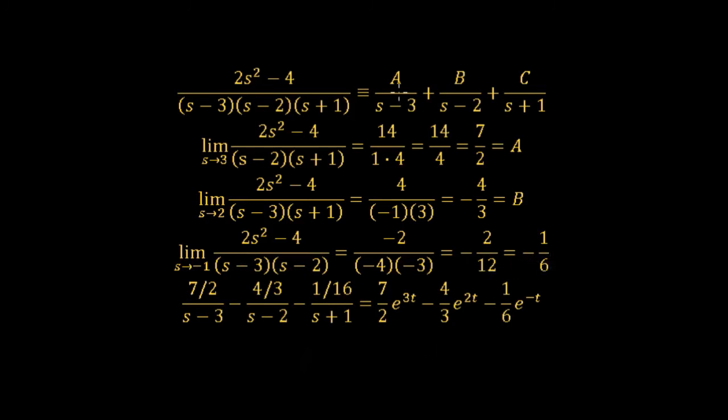So therefore we can put the a, b and c values in and we get 7 upon 2 all upon s minus 3, minus 4 upon 3 all upon s minus 2, minus 1 upon 6 all upon s plus 1. So the inverse Laplace transform of that is 7 upon 2 e to the 3t, minus 4 upon 3 e to the 2t, minus 1 upon 6 e to the minus t.